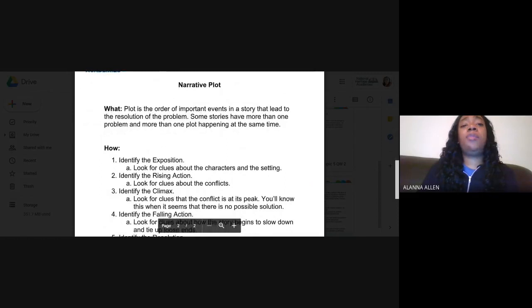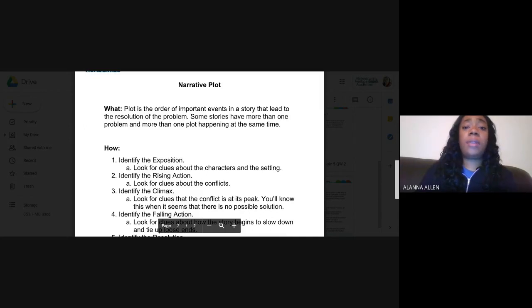Next, we have narrative plot. So, what? Plot is the order of important events in a story that led to the resolution of the problem. Some stories have more than one problem and more than one plot happening at the same time. So, how you do this is first to identify the exposition.